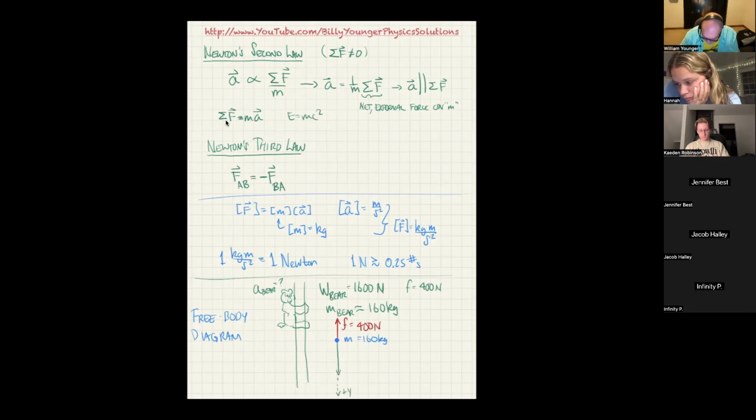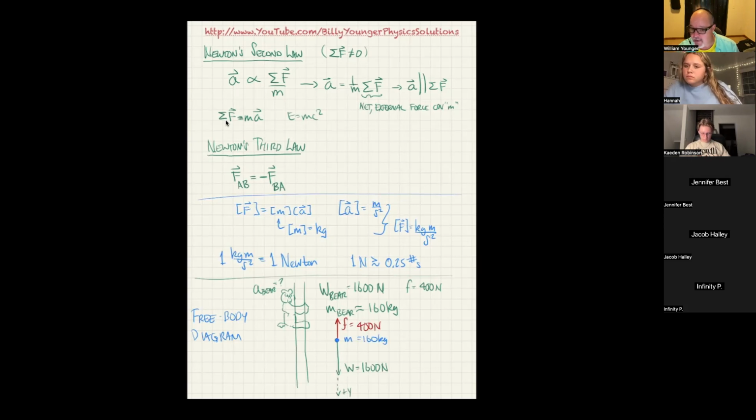Now that force pulling him down, y'all were able to answer this earlier. It's the weight of the bear pulling it down. So that's 1600 newtons, like that. Now here's my test to see if I've gotten all the forces. All the forces that can be applied to something, except for one, have to actually touch the object.